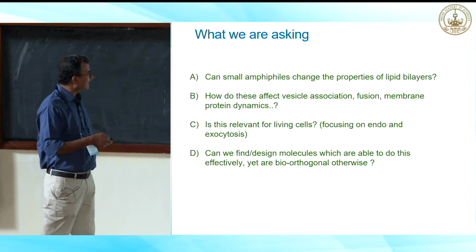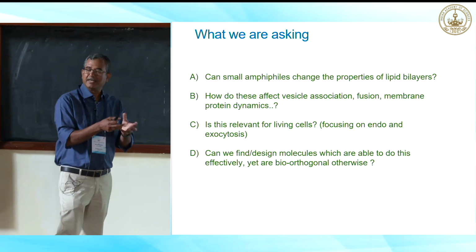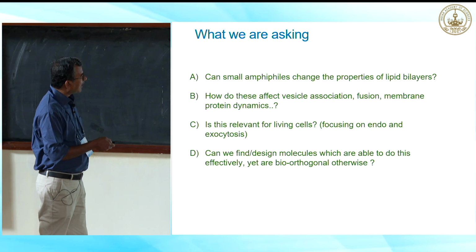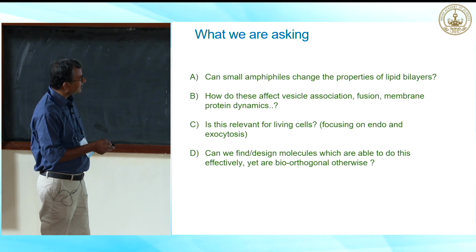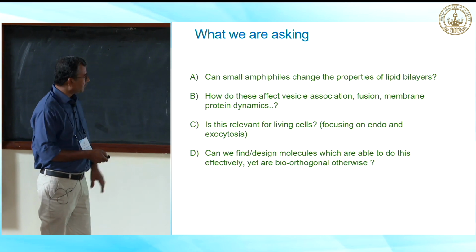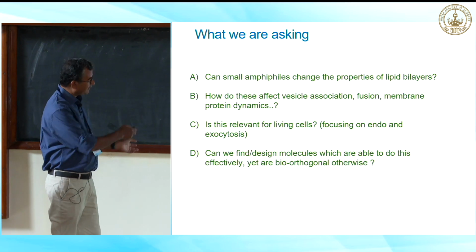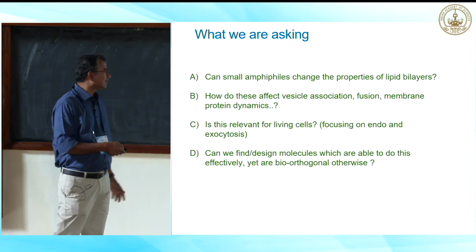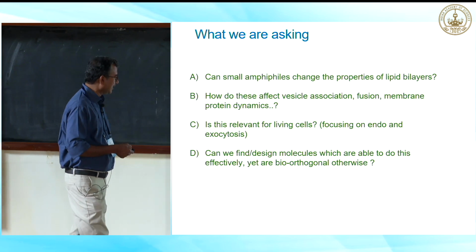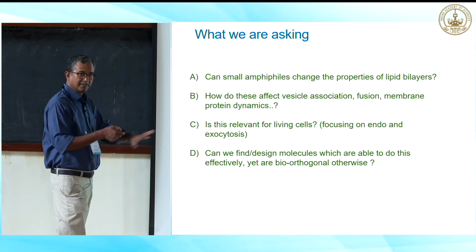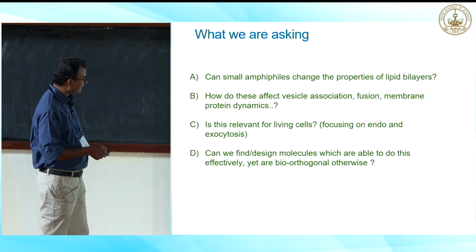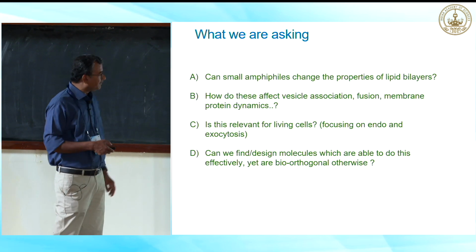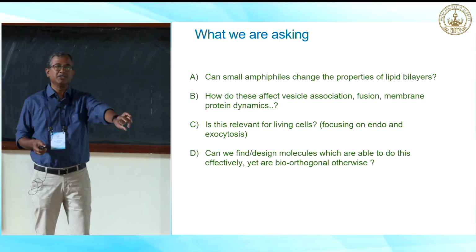How does that affect other things that the membrane has to do, such as vesicle association, fusion, and membrane protein dynamics, properties that are different from a brick wall? Is this relevant for living cells? After all, that is ultimately what matters. We'll find it out in artificial bilayers and then look at it in living cells. And then finally, can we find or design molecules which are able to do this?